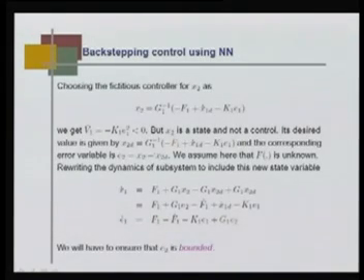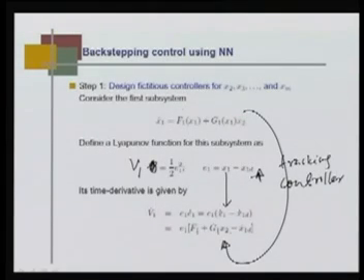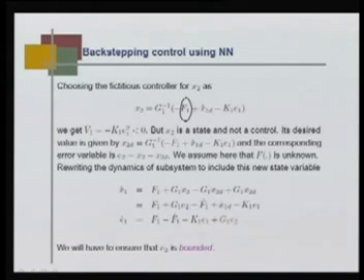But you see that we are utilizing a neural network because we have assumed this f1 to be unknown. So, because this f1 is unknown, I replace this f1 by f1 hat, which gives x2 desired.